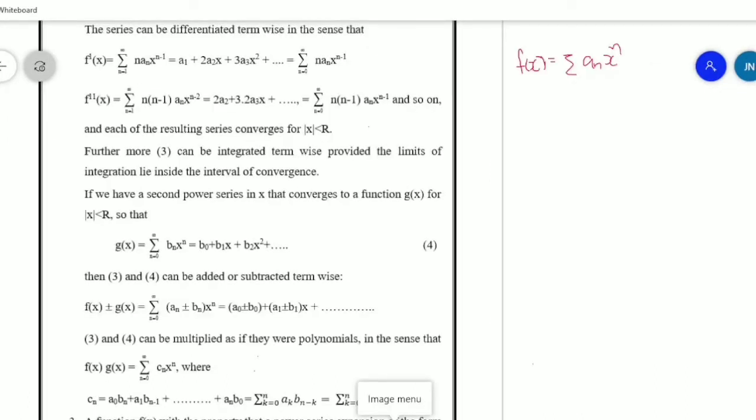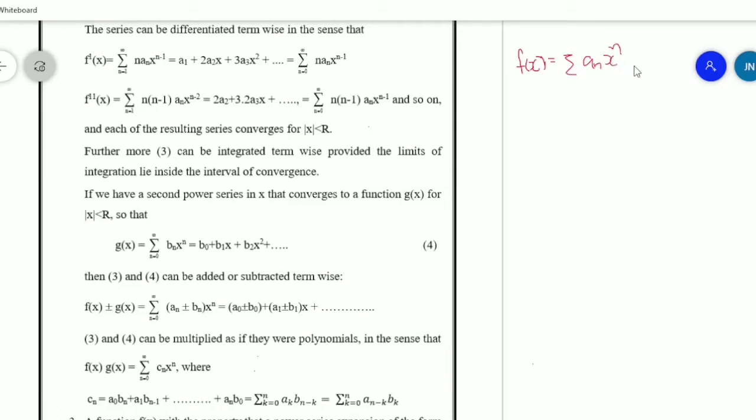Now we have the power series of the form f of x equal to sigma an x raised to n, which converges for mod x less than r. We can differentiate these functions term-wise. So the derivative f dash of x equals summation of an, which is a constant, times the derivative of x raised to n, which is n into x raised to n minus 1.